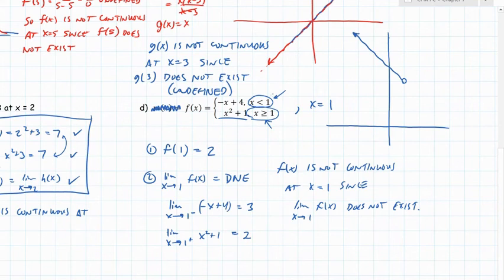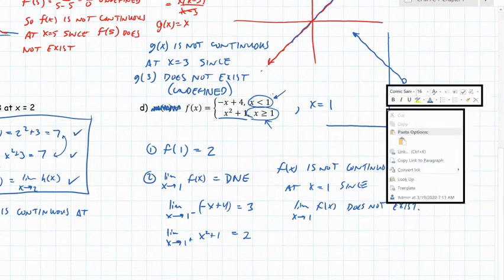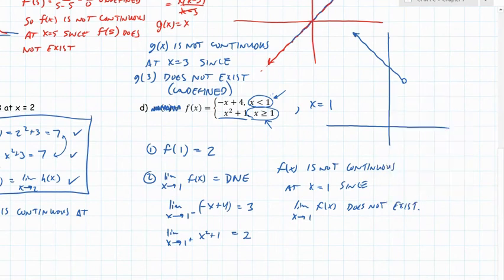And then to the right of 1, we have a parabola, x squared plus 1. And so that would be this parabola. But we're only using that parabola to the right of 1, and so it's going to start here.